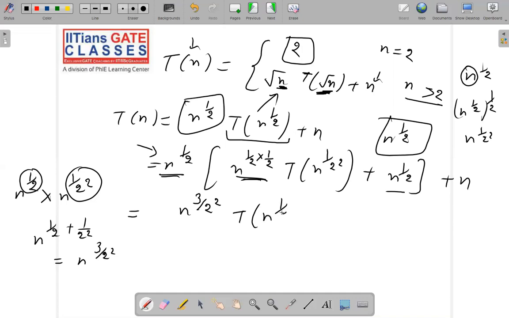Here it's n^((1/2)^2) plus, if you multiply this with this it will become n, plus this was already there, n. So now we have to replace n with n raised to power (1/2)^2. Right?